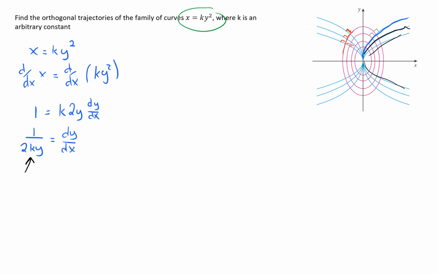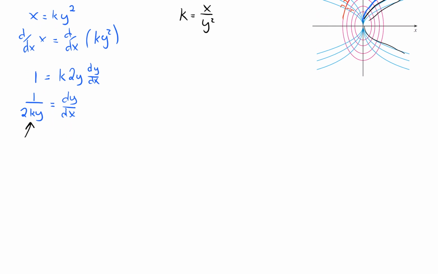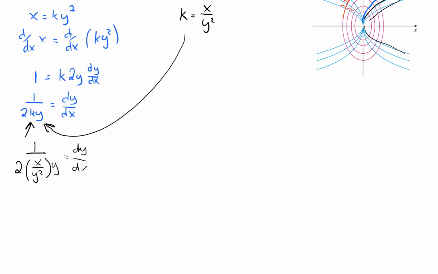Turns out there is, because look what we're given up top: x equals k times y squared, which means k is equal to x divided by y squared. I can solve for k there. Thus I will take this and put it in for k in my derivative. So I have 1 divided by 2 times x divided by y squared times y equals the derivative.